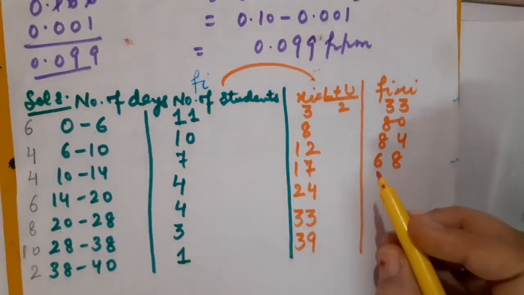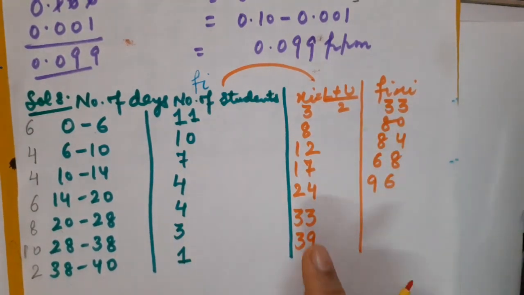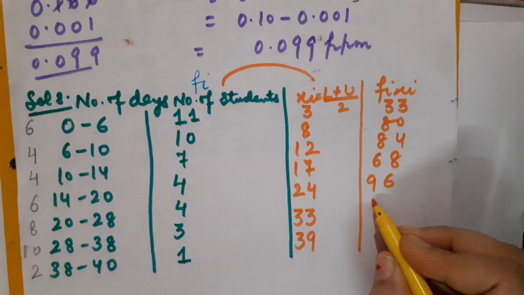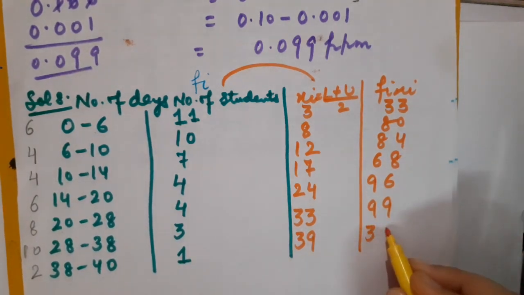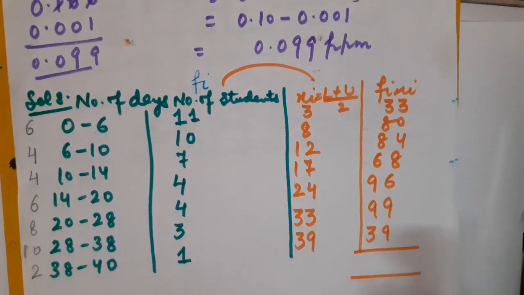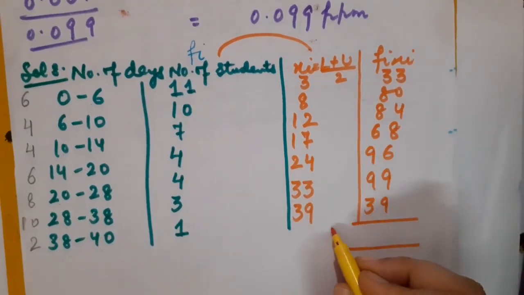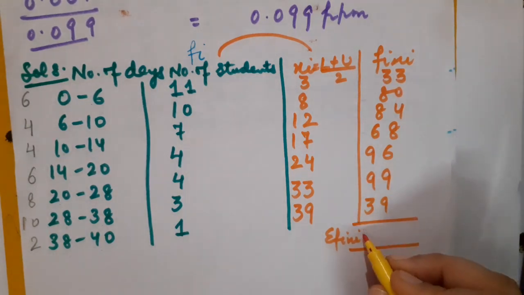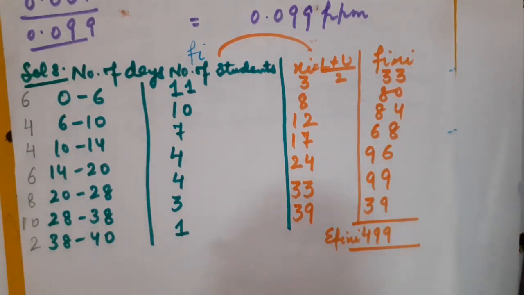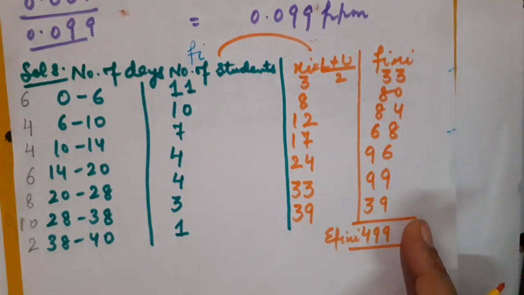Then 24 into 4 will give you 96. 33 into 3 will give you 99. And 39 into 1 will give you 39. So now children, according to the direct method, I want sigma fi xi. Let us calculate it. When I added them, I got 499 as the sum of all these values.